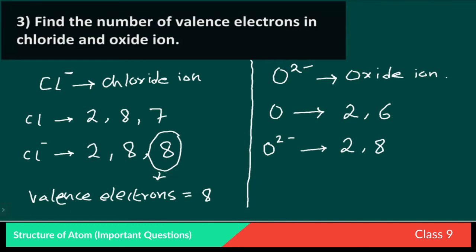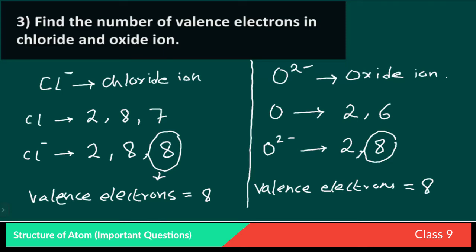Why? Because 2 electrons have been added. Now again, valence electrons are the number of electrons present in the outermost shell. For oxygen, this shell is the outermost one and it contains 8 electrons. So we can conclude valence electrons in case of oxide ions is also 8.